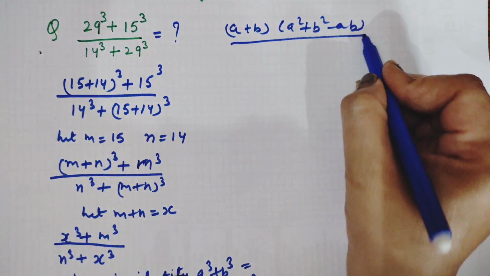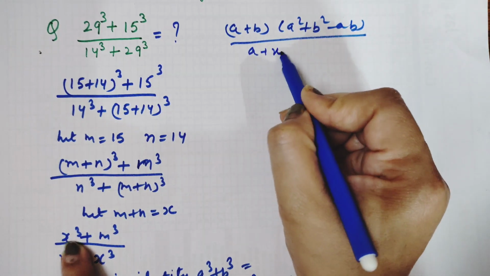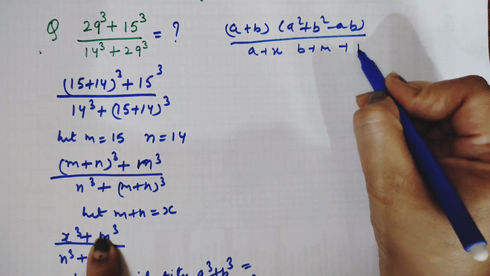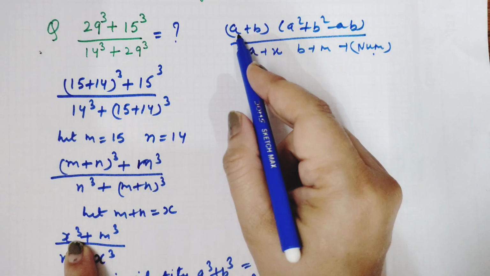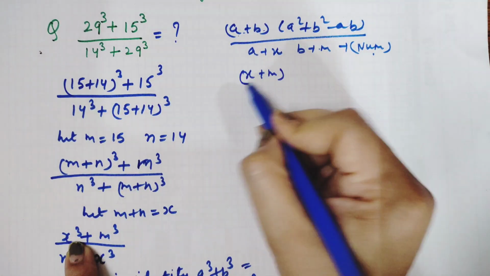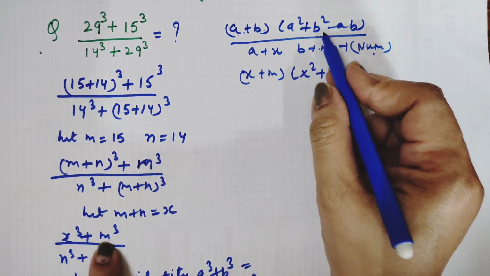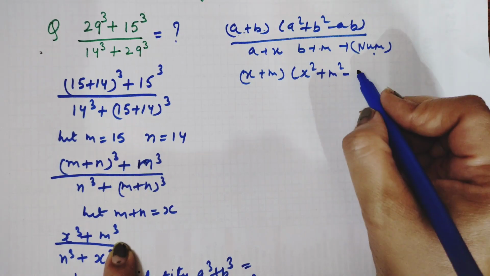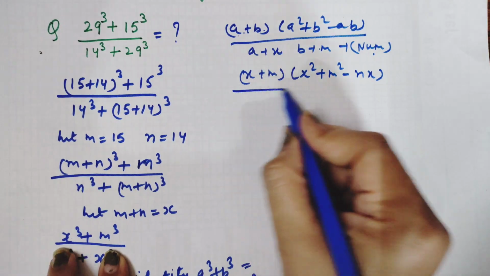According to the numerator, a is x and b is m. So a plus b is x plus m, and a square is x square plus b square is m square minus ab, which is mx.